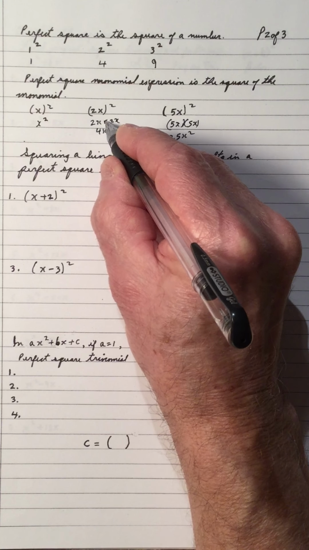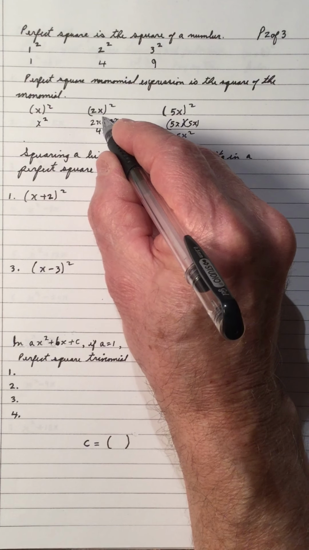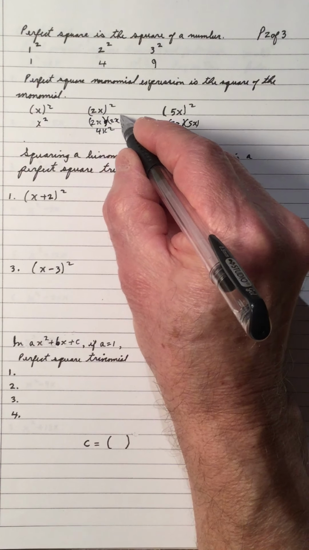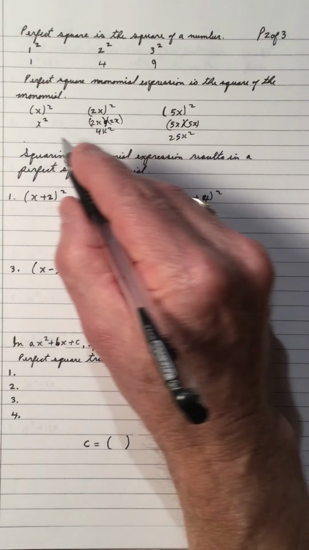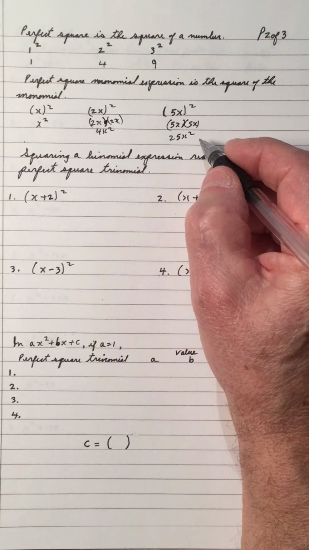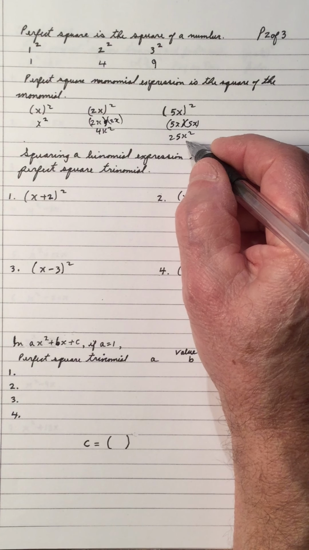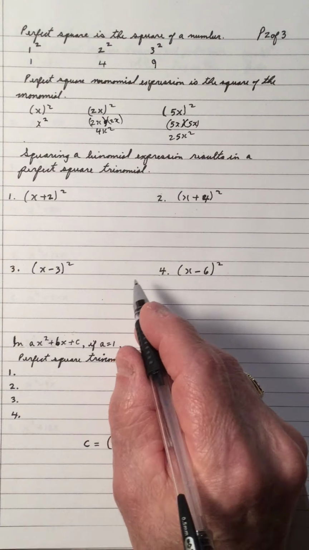Using a multiplication sign with x's might cause some trouble, so let's use brackets on these when we square them. So x squared, 4x squared, and 25x squared are perfect square expressions because they're made of a monomial squared.